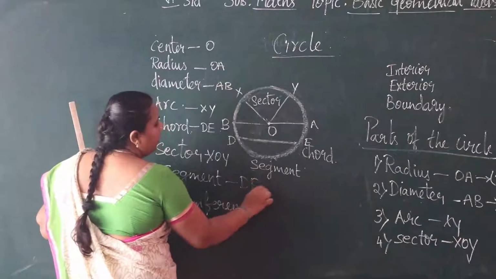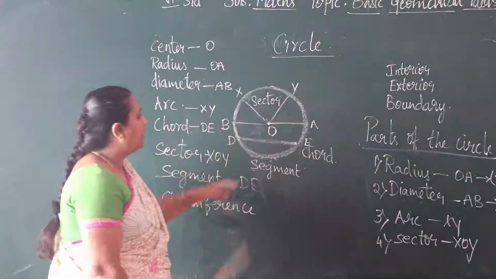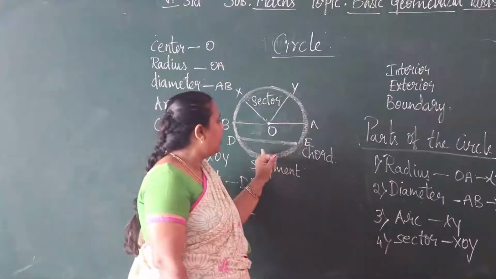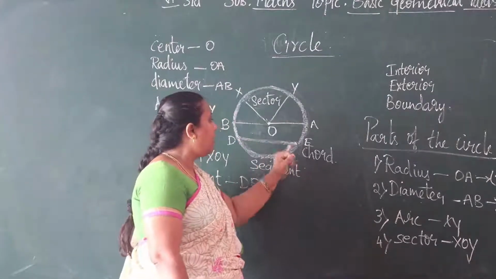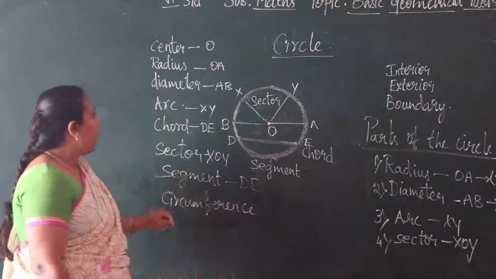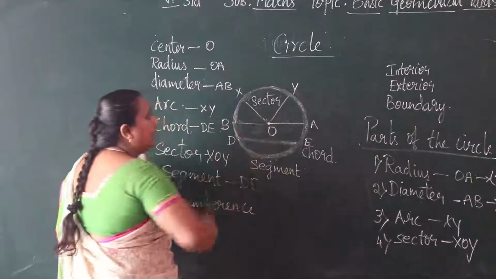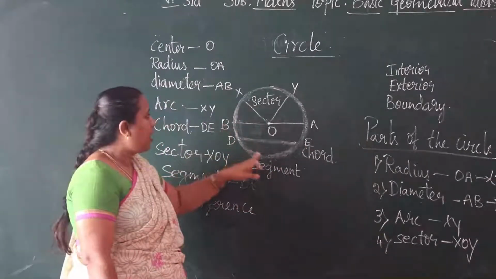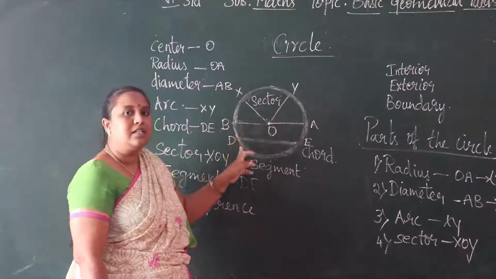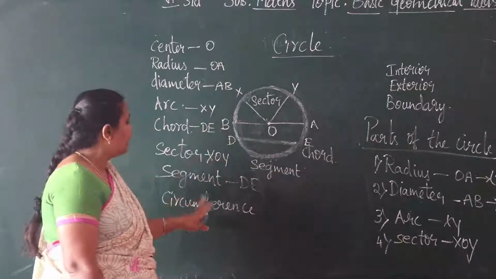This is the segment, the region enclosed by the arc and the chord. And circumference, the boundary of the circle. The boundary around the circle is its circumference.